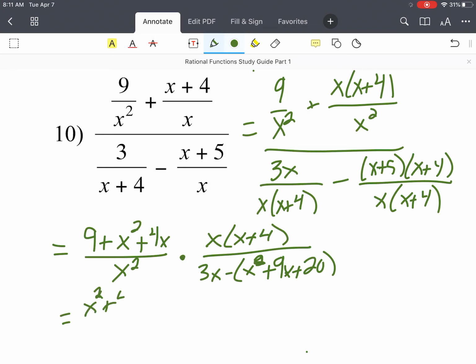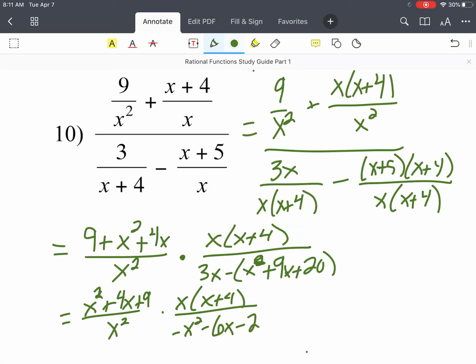Okay. So this is x squared plus 4x plus 9 over x squared times x plus 4 over negative x squared minus 6x, right?